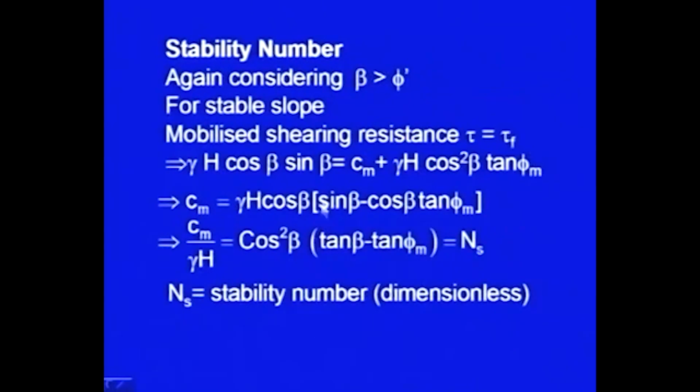There is another important quantity which we call the stability number. Again, if I consider the same case when beta is more than phi dash and the slope is stable, then the mobilized shearing resistance tau is equal to tau f.